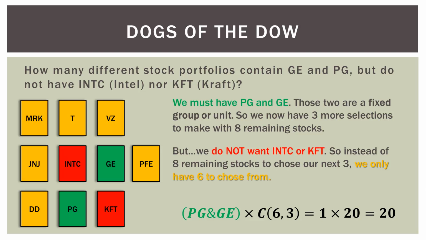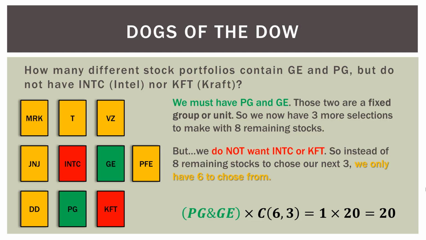And that's just taking our P&G GE unit and matching it with 3 of the orange stocks there that we can choose from. So we treat the unit as 1 times 6 choose 3, and that equals 1 times 20, which is, of course, 20.